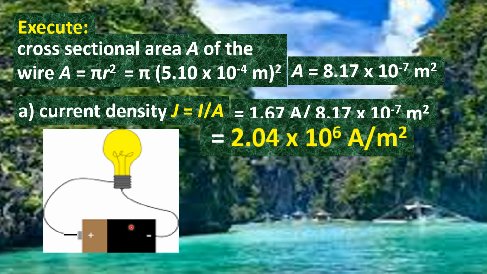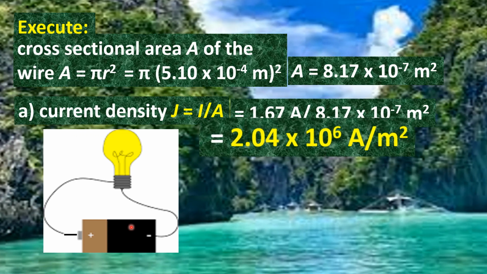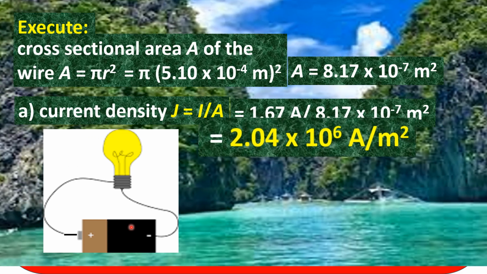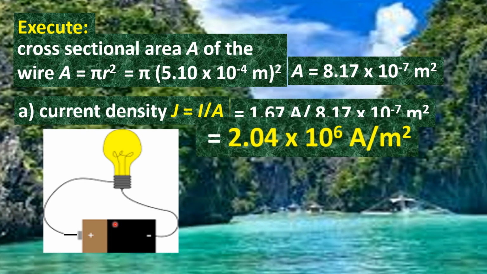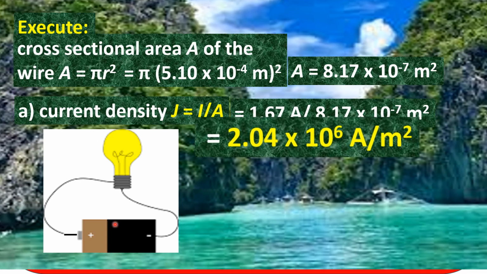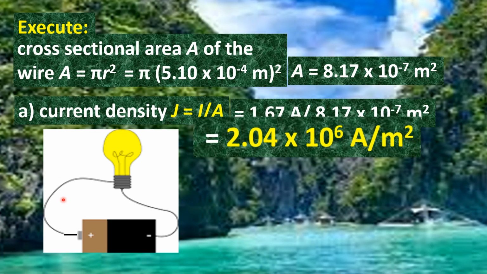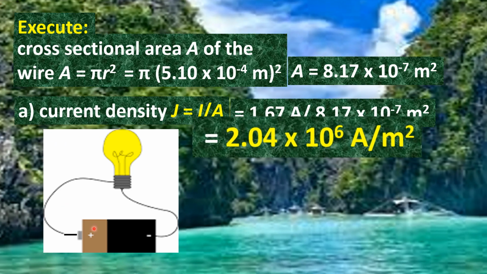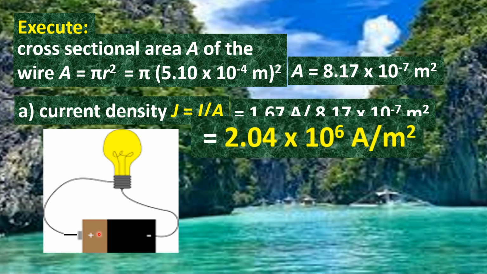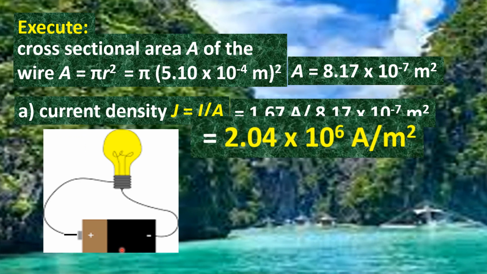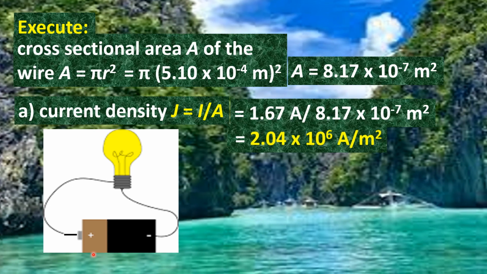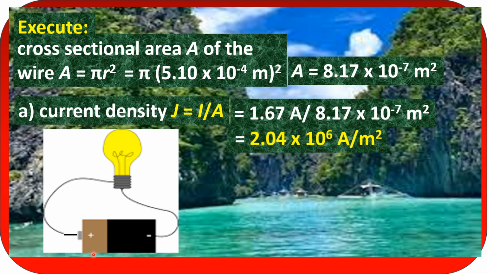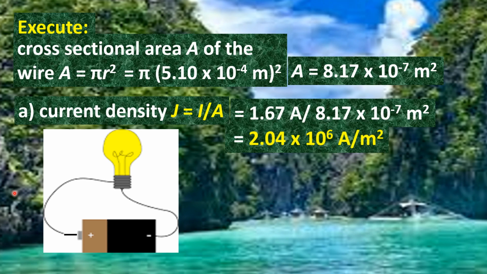But the current density, however, is less through the battery when compared to the current density at a certain point in the wire. This is because the cross-sectional area of the battery is larger compared to the cross-sectional area of the wire.